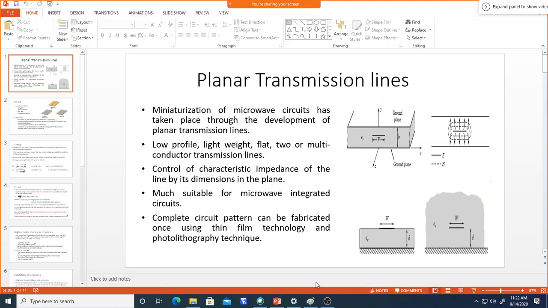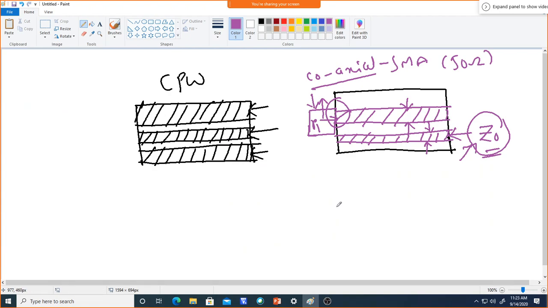So generally the PCB material will come with conductive material on both sides. Say, for example, this is your exact substrate material, and the conductive material will come on both sides like this. This can be etched out wherever you want.